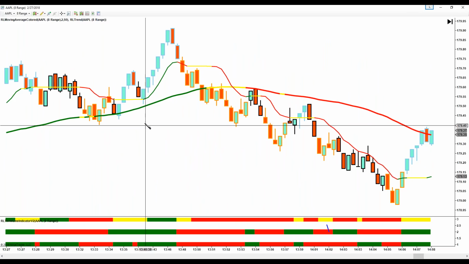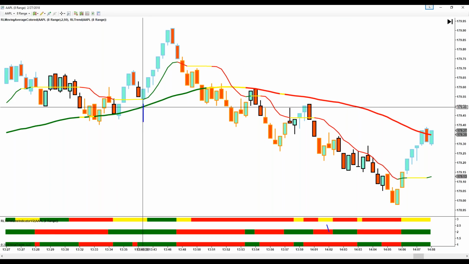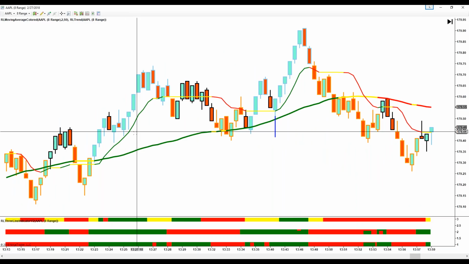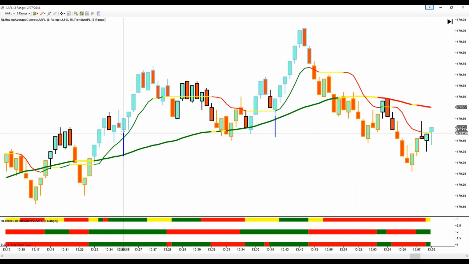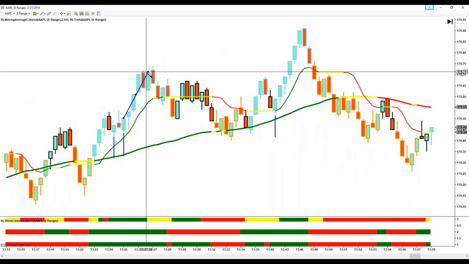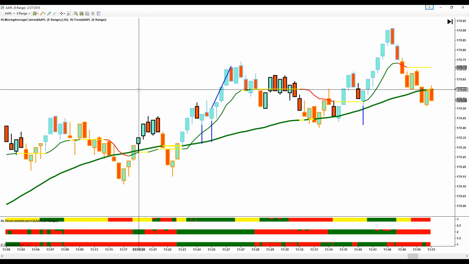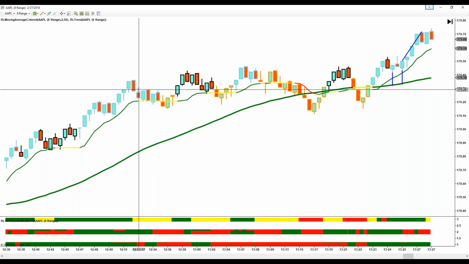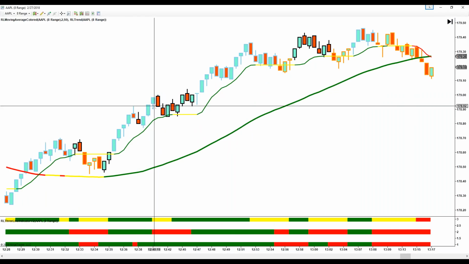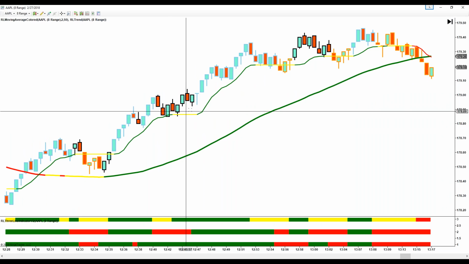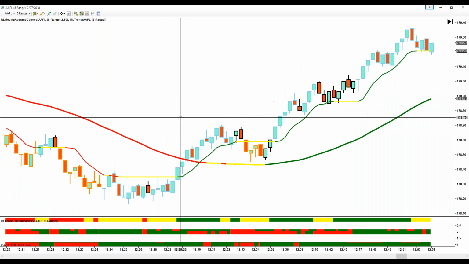Here, this is a tough one, and I wouldn't take that trade. Here's your trade right here. You could take it here, it's riskier. Here, it's closer to support, and there's your long trade. Now, if you can trade 1,000 shares, it's a lot of money, but all you need to do is trade 100, and you can get a few points on Apple.